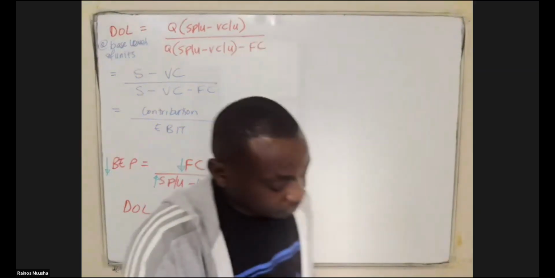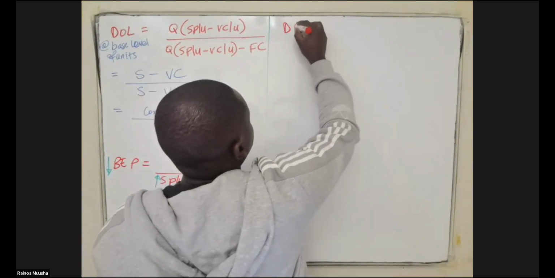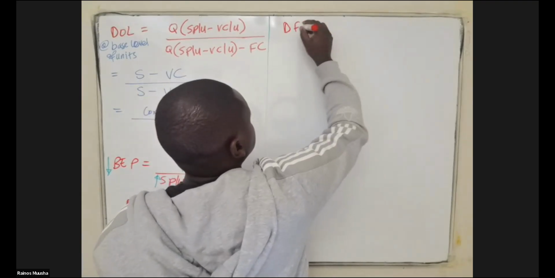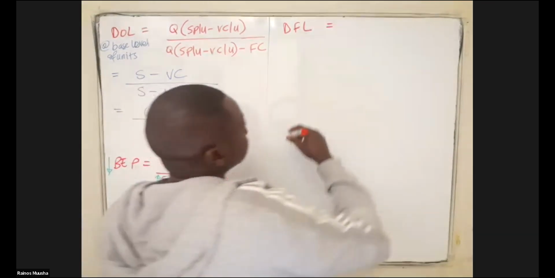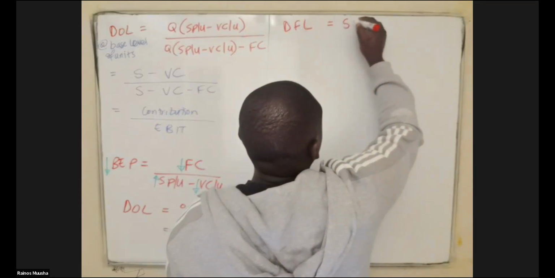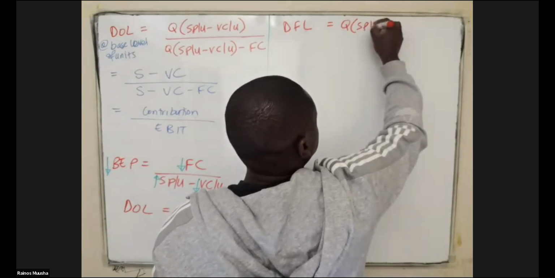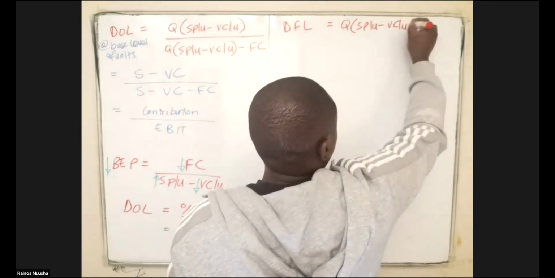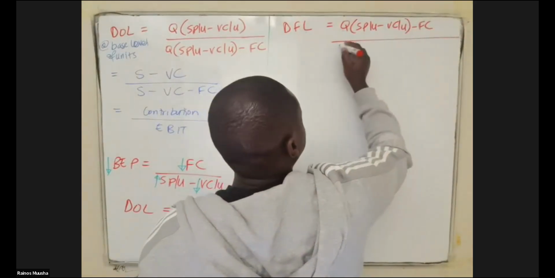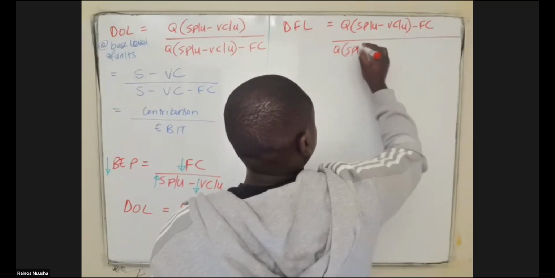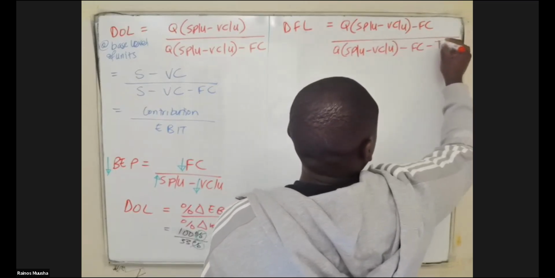So your degree of financial leverage is given as your quantity multiplied by selling price per unit minus your variable cost per unit minus fixed cost, divided by your quantity multiplied by selling price per unit minus variable cost per unit minus fixed cost minus interest expense.